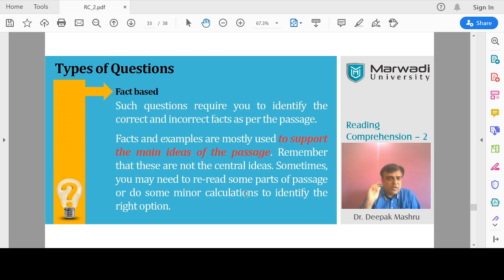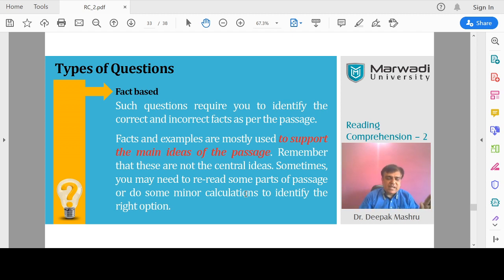Fact based: such questions require you to identify the correct and incorrect facts as per the paragraph. So you read the passage and find out what exactly the facts are. As I told you earlier, facts and opinions. You find the statements, the information which can be tested. Those are fact-based sentences or fact-based information. You go for it.